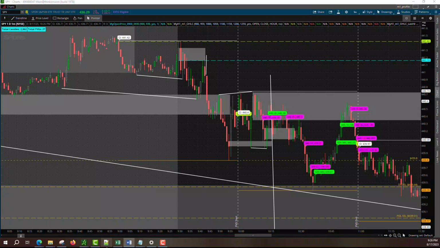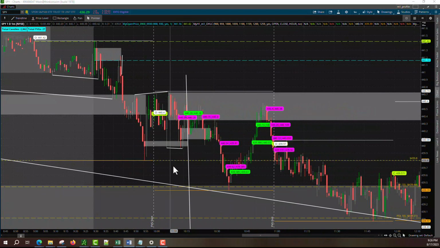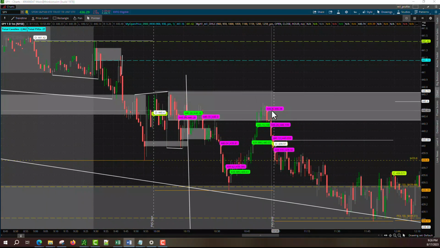We cannot just be so static and apply the same logic for two different environments. Basically, it's not going to be one size fits all, right? If you want to go long, when you see sell side liquidity taken right here, then you make sure that it's in an expansion up environment.